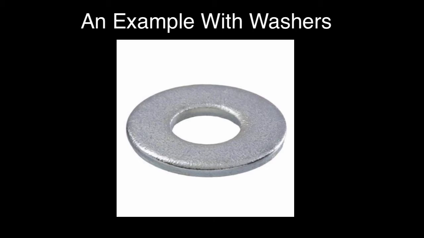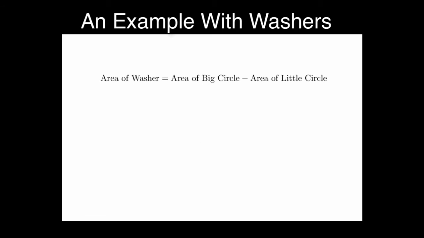So what is the area of a washer? Well, a washer is a big circle with a little circle missing in the middle. So, we could take the area of the big circle and subtract off the area of the little circle. So, the area of the washer will be pi times the outer radius squared minus pi times the inner radius squared.